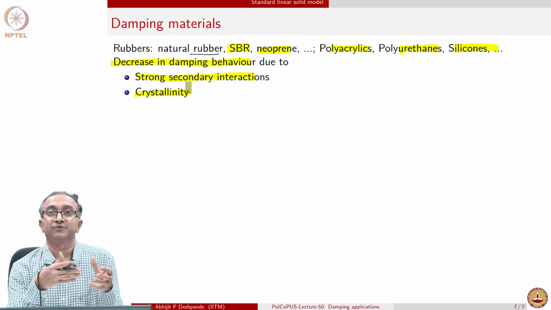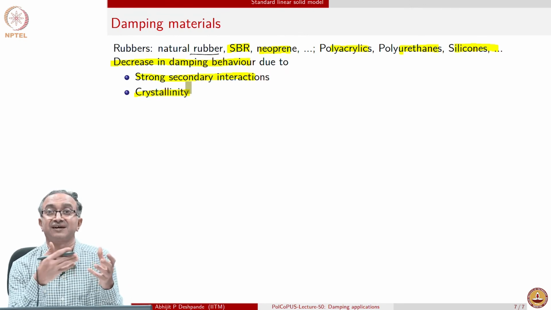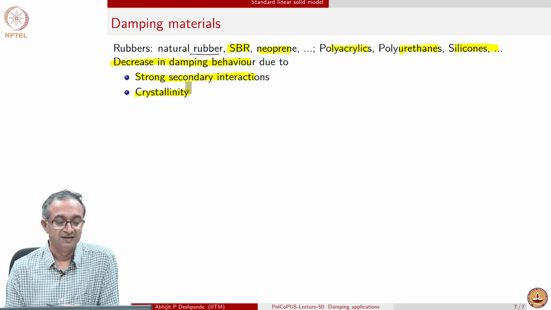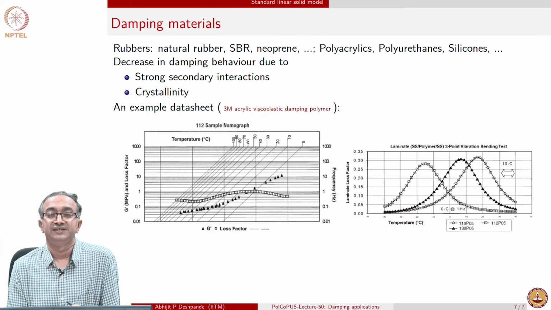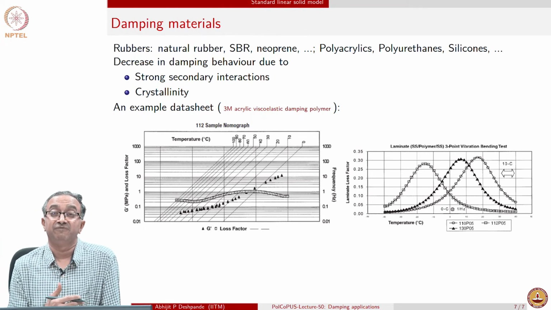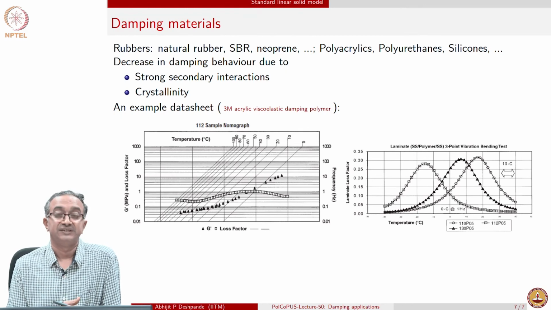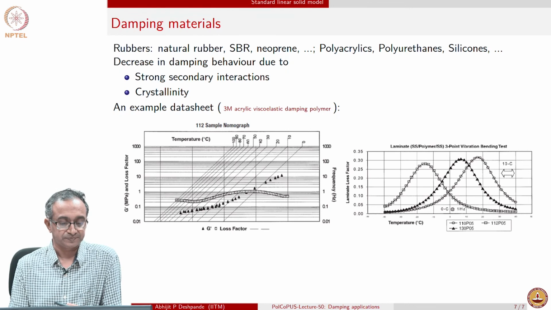Or crystallinity, of course, always implies loss of segmental mobility. So, that answer is probably a little easier. Just think about it; it should be a relatively easy answer to justify why segmental mobility should decrease with secondary interactions, and therefore, it will lead to less damping.